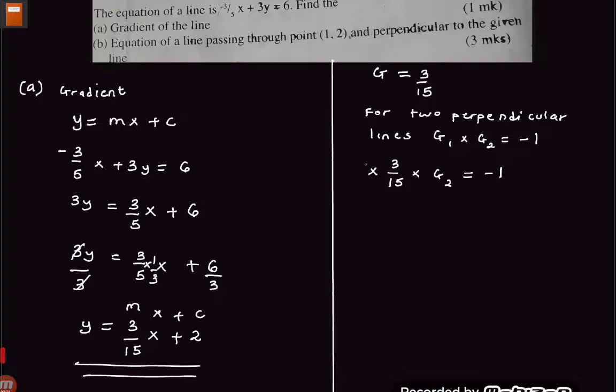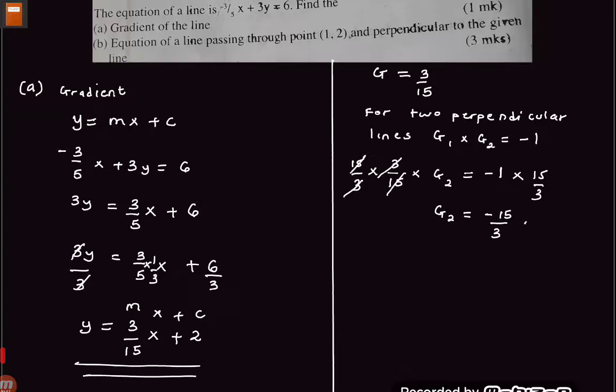So the reciprocal of 3 over 15 is 15 over 3. Whatever I do to the left, I must do to the right. So I'm going to have the second gradient is equal to negative 15 over 3. That is the gradient of the line which is perpendicular to our original line which you are given.